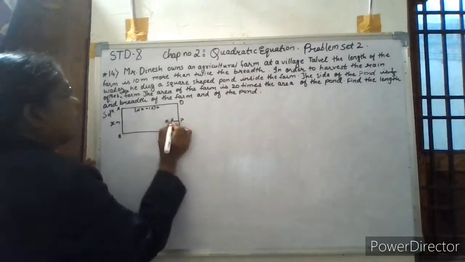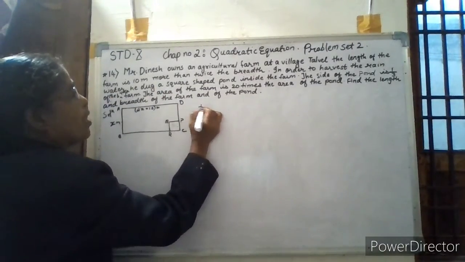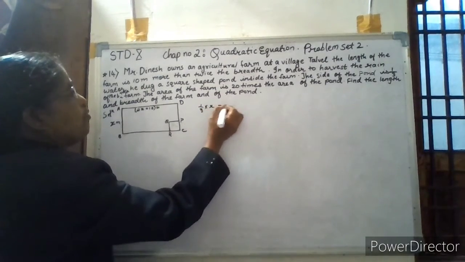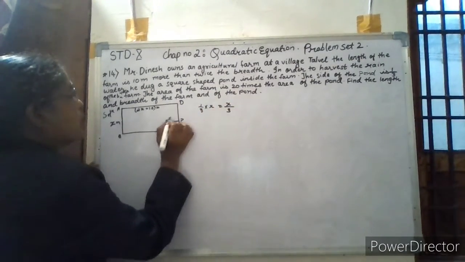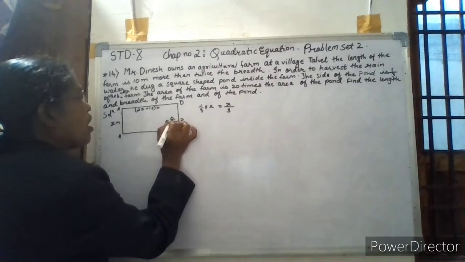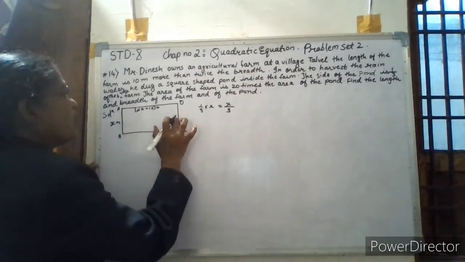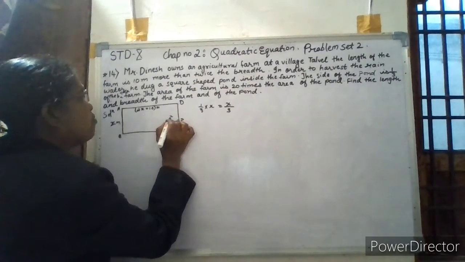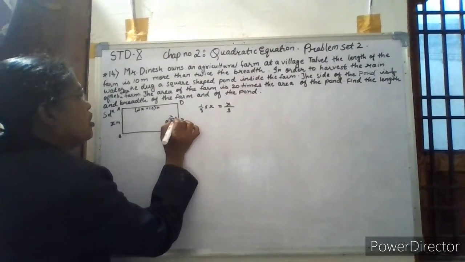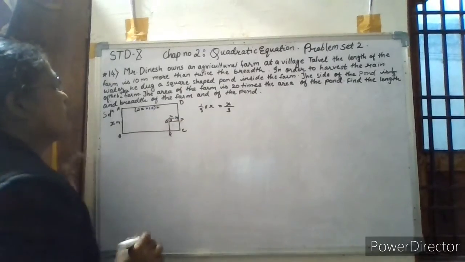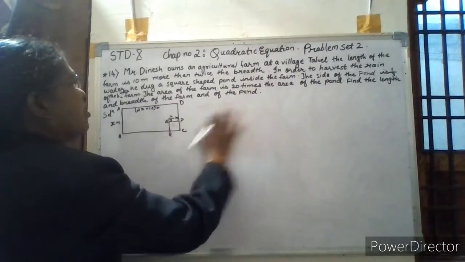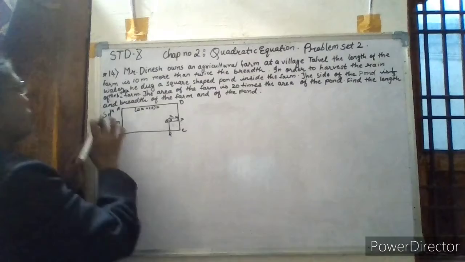So 1/3 of x will give you x by 3. So it is x by 3 meters. So let us start with the solution.